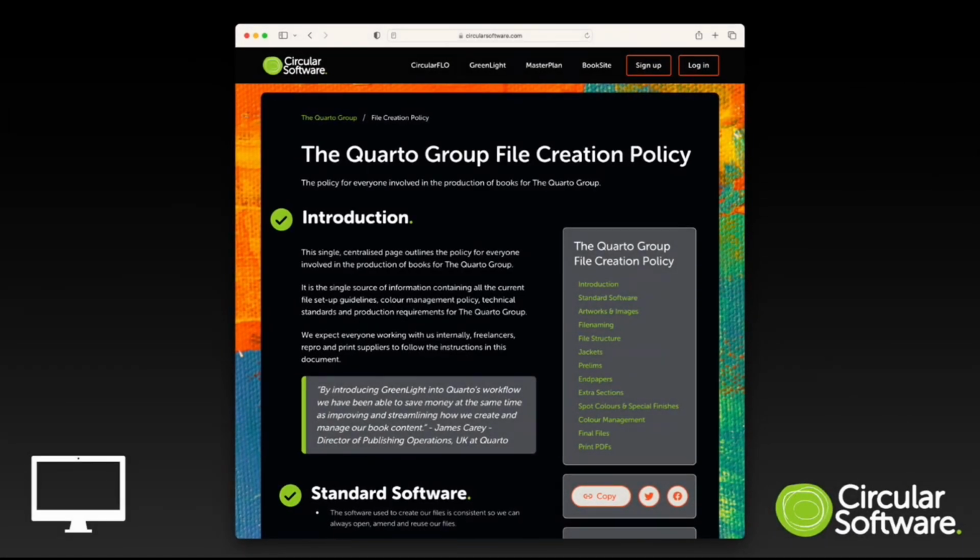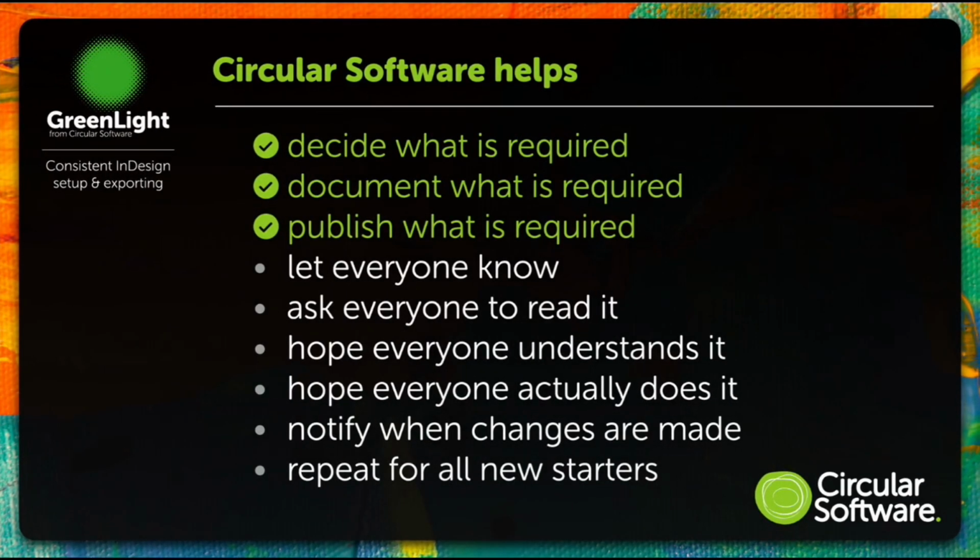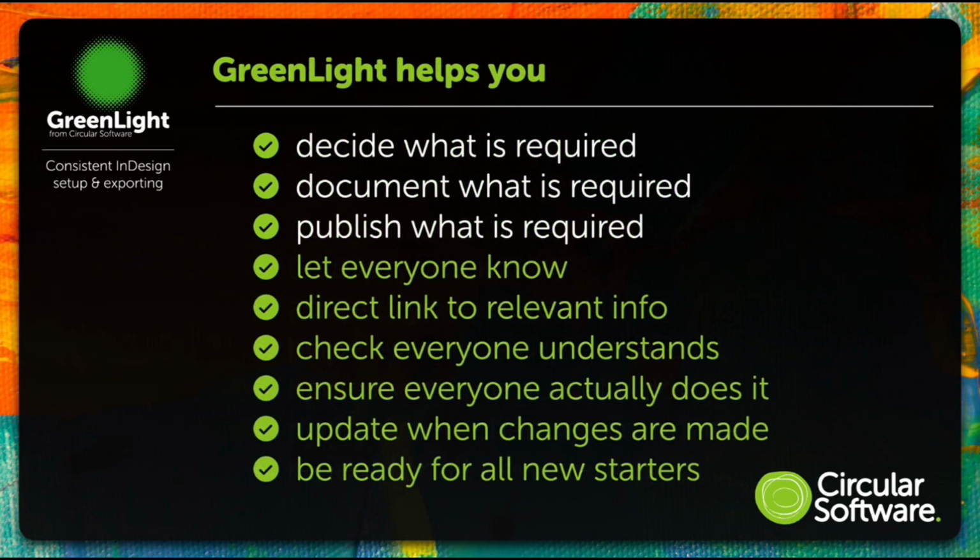In later videos we'll go to the file creation policy, and you can see that it's just basically a write-up of all the ways that we want people to work in one central location. So Circular Software can help with that, and we've done this for many established, well-known publishers. But the rest of it is where GreenLight comes in.